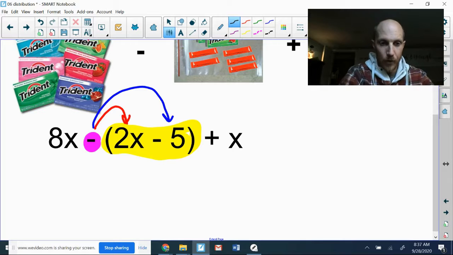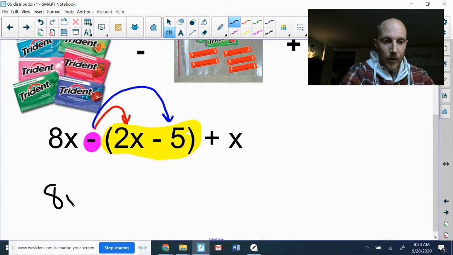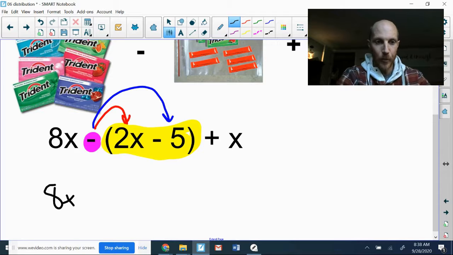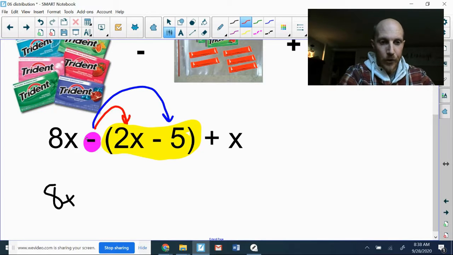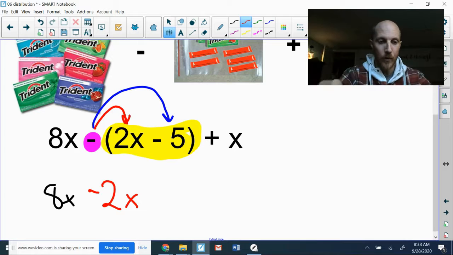Okay, so let's rewrite our next step. 8x, nothing happened to that, so I'm just going to carry that down to show my work. And then let's do the red arrow first. I took this minus sign and I distributed the minus onto the 2x. So this is now going to be minus 2x, or negative 2x, whatever you want to say. It will make more sense for a number sentence to call it 8x minus 2x.